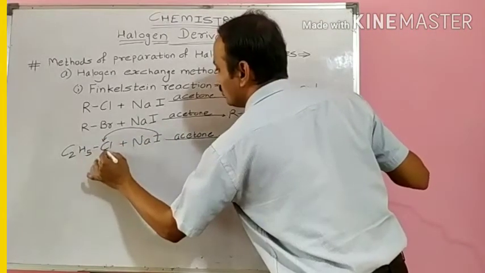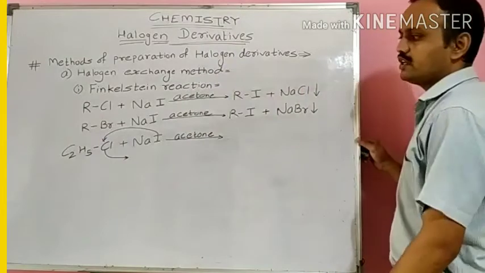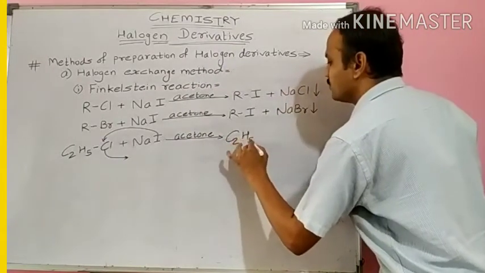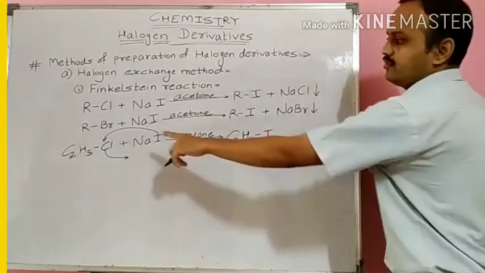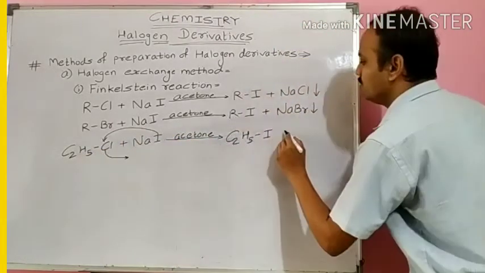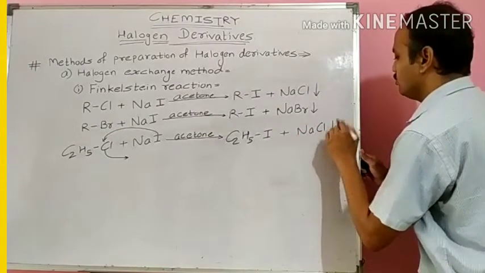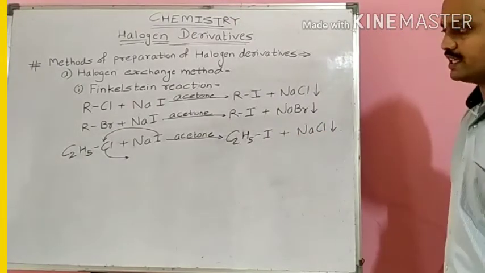I told you exchange of halogen atoms takes place, and we get C2H5I. Iodine will go with C2H5, plus NaCl we obtain in the form of precipitate.